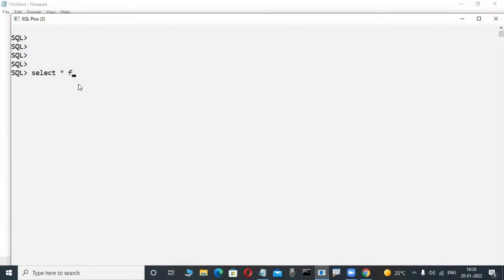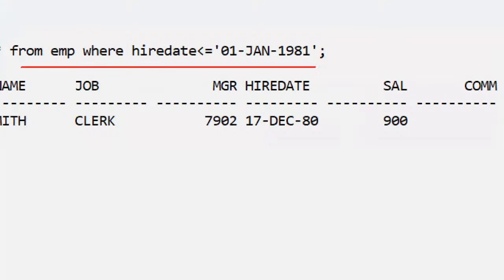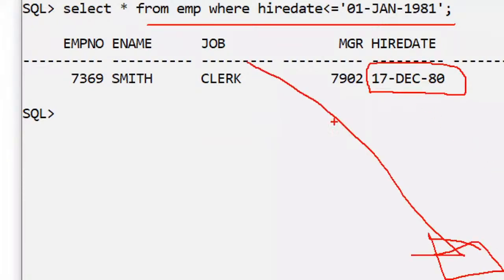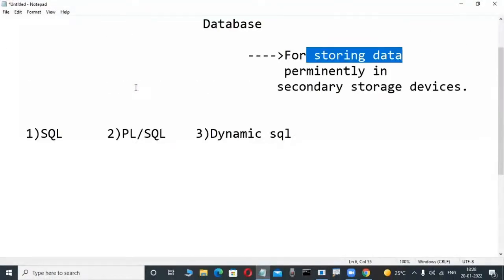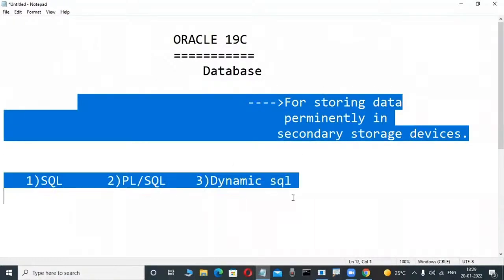Observe here: select star from table name where hire date is less than or equal to 1st January 1981. They write the query, and the data is automatically displayed. With a single line of code, the employees who joined before 1981 are automatically retrieved from the database. That is why efficient data retrieval is most powerful, and it is possible only through these databases and languages.